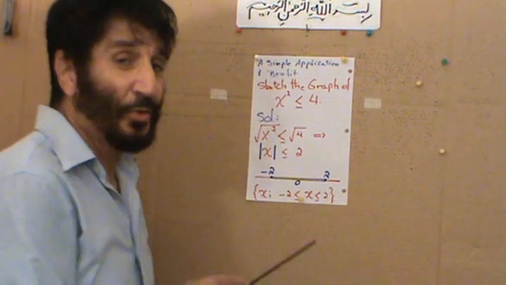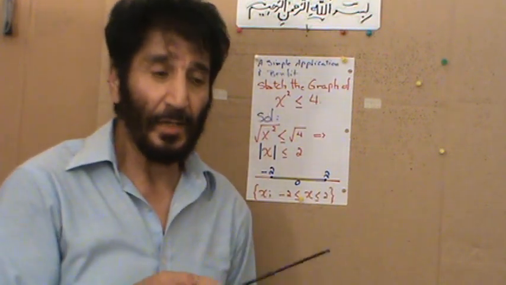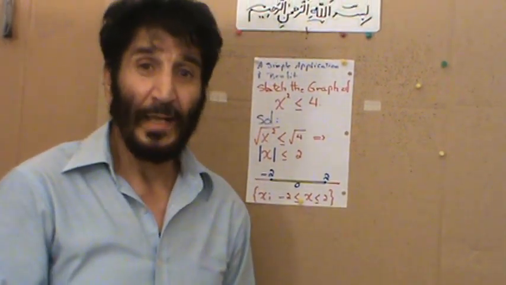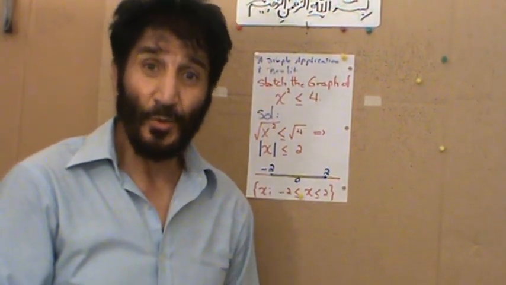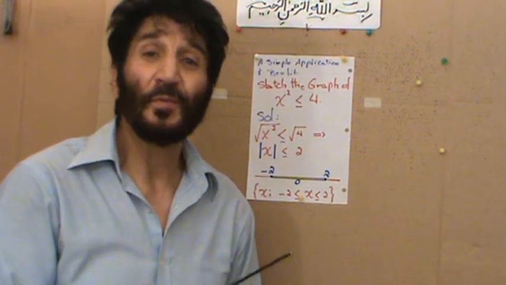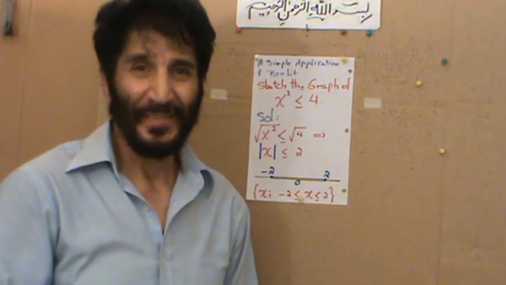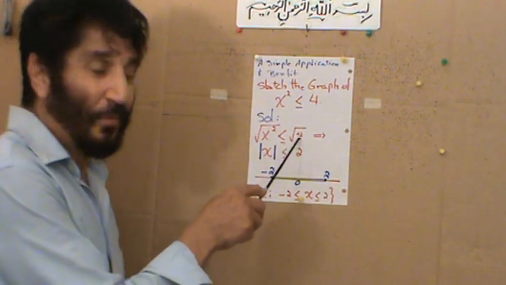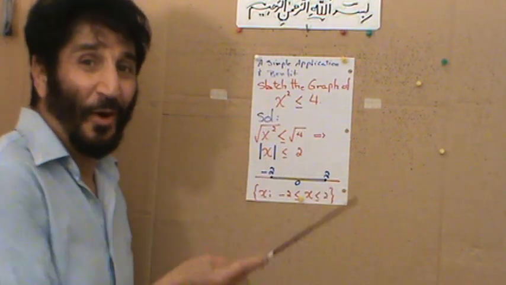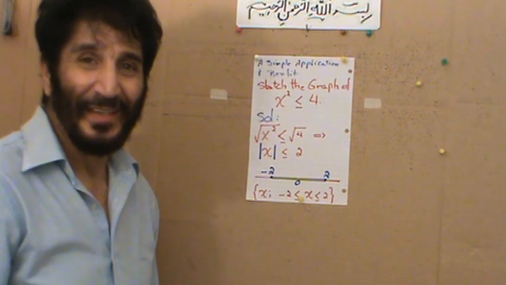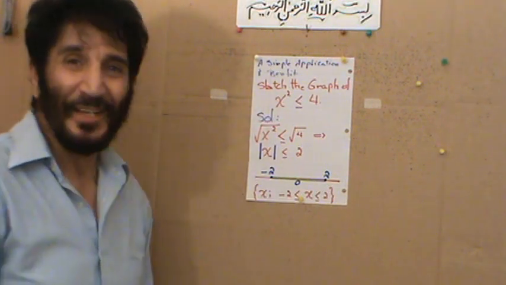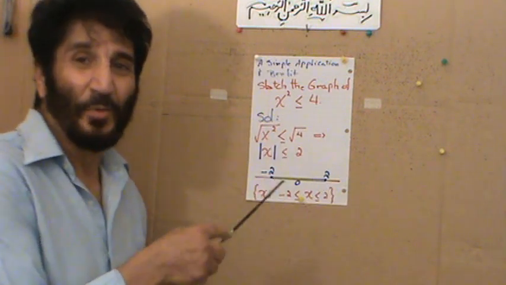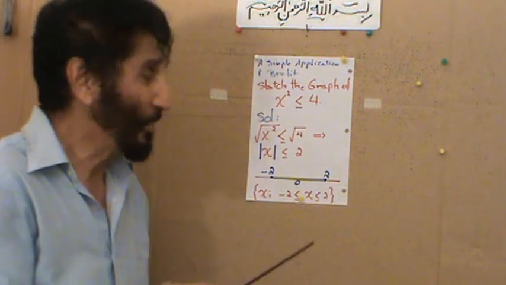Now, when we take the square root of both sides, we know that the square root of x squared is the absolute value of x. So we write the absolute value of x, and the square root of 4 is 2. We cannot write negative 2, because absolute value cannot be negative. So it eliminates the chance of making a mistake and writing negative 2, number one.